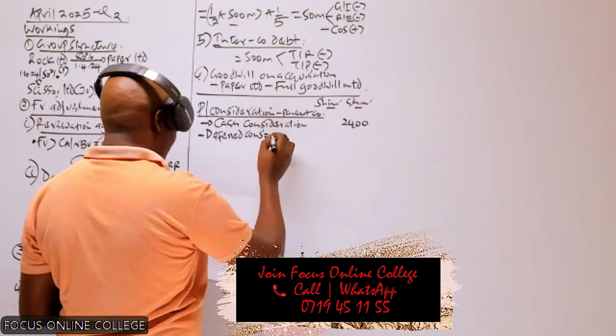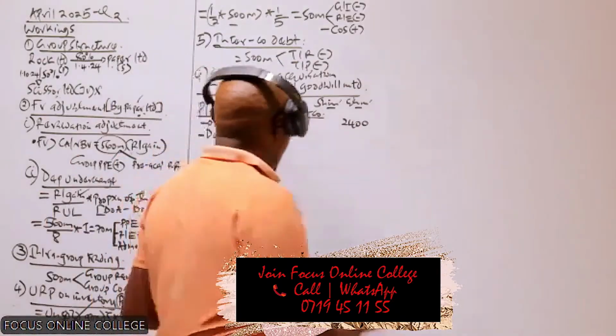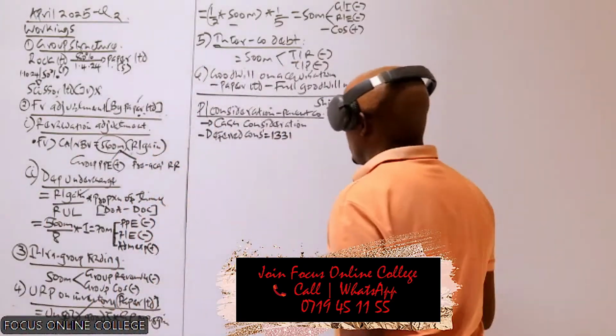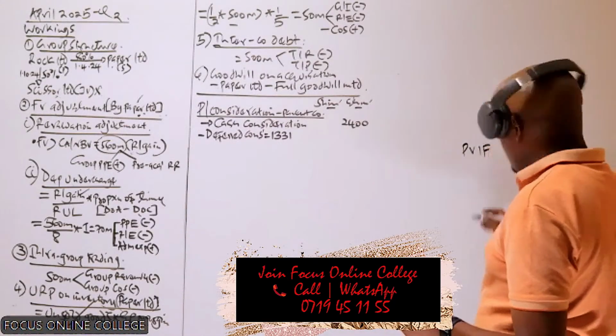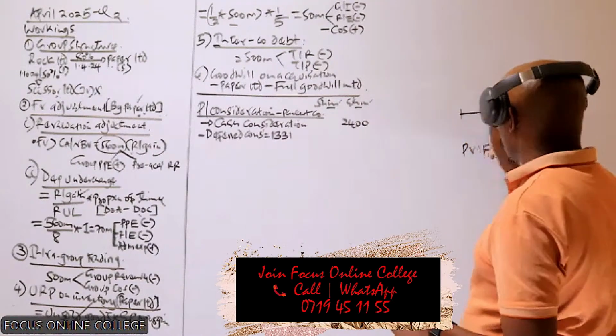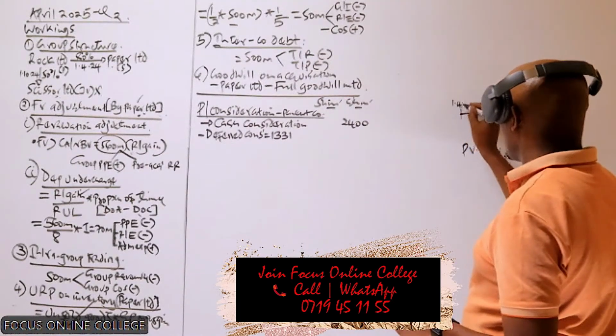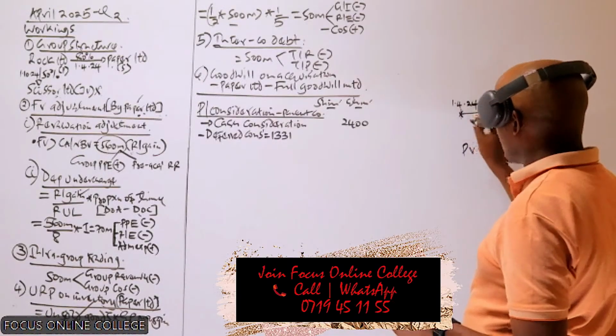So we will take 1,331 and discount this to the present value by multiplying with the present value interest factor at the rate of 10%. And for how many years? How many years do we have from the date of acquisition, 1st April 2024, which is the date of acquisition?